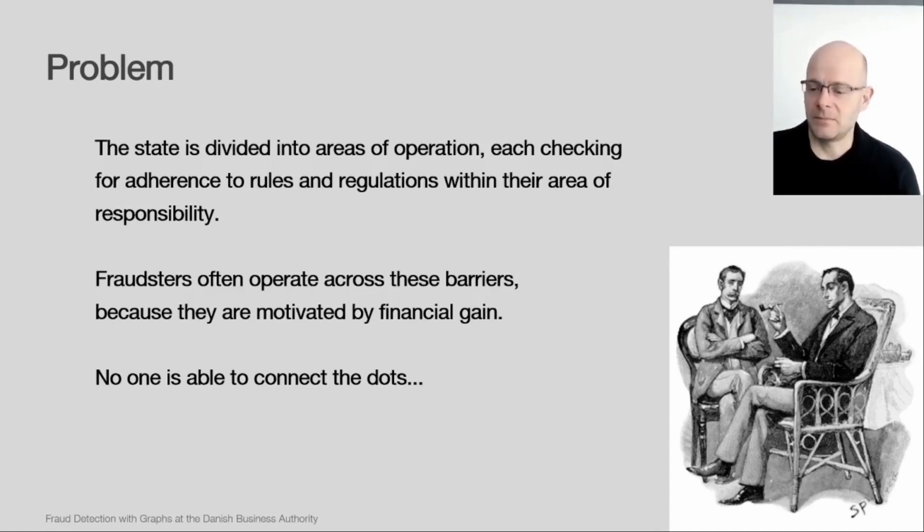Now, this is of course because they are motivated by money, so they are not really adhering to the way the state was designed and divided. So the problem of fraud detection is that no one really has the big picture, because the Danish authority has received legislation that enables us to get data from other authorities as long as it's part of our control effort to detect fraud.